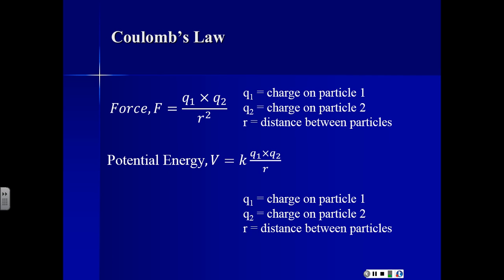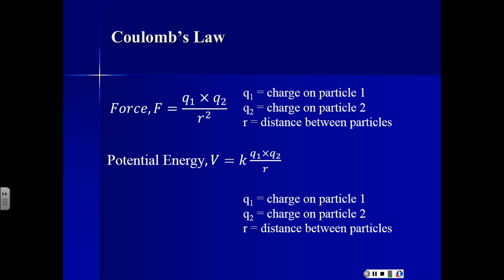Q1 is the charge on particle 1, Q2 is the charge on particle 2, and R is the distance between the two particles. A highly modified version of Coulomb's law gives the potential energy associated with the interaction between two particles. Thus the potential energy V is equal to K times Q1 times Q2 all over R.